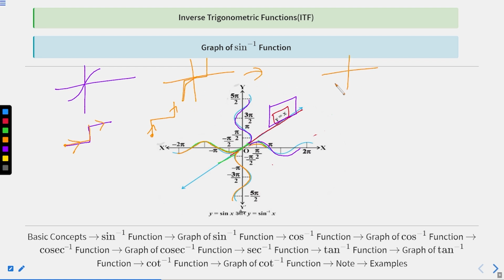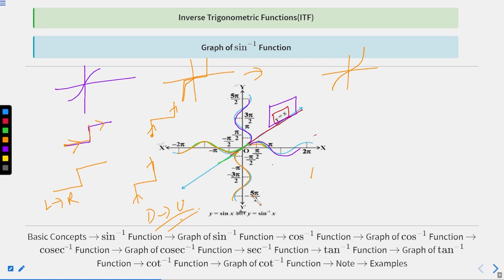From this you saw that your graph will look like this. So whenever you see this, you will automatically draw this. Left to right will be, sorry, down to up. Okay, so I hope that you understood how the sine inverse graph will look.